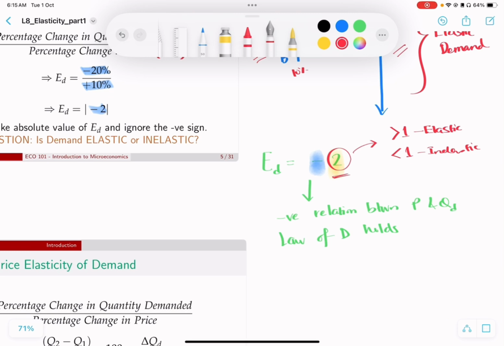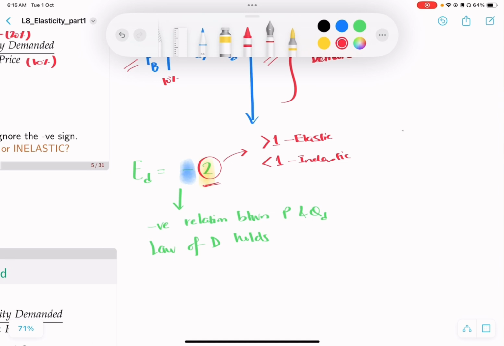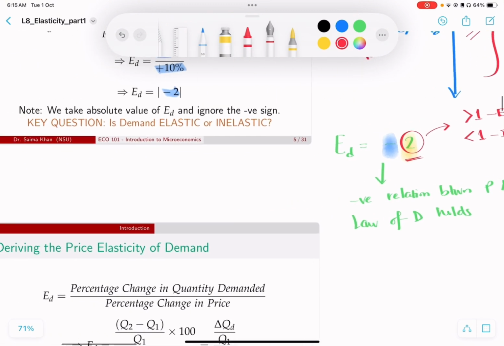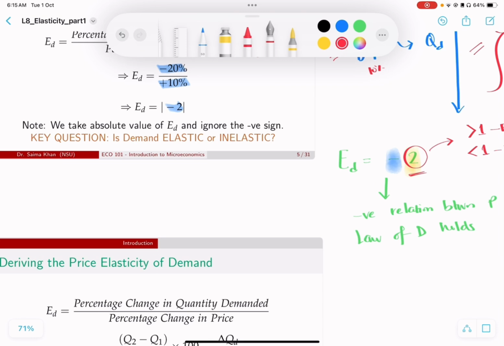I'm jumping ahead here, but remember that we actually take the absolute value of the elasticity of demand. Absolute value means when you take the modulus, this is the sign for modulus, essentially it ignores the sign. So actually the elasticity of demand is 2. The minus sign just tells me there's a negative relationship between the two variables, and this number itself represents whether the demand is elastic or not.